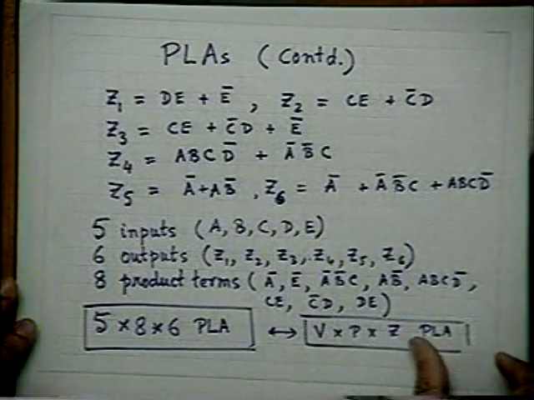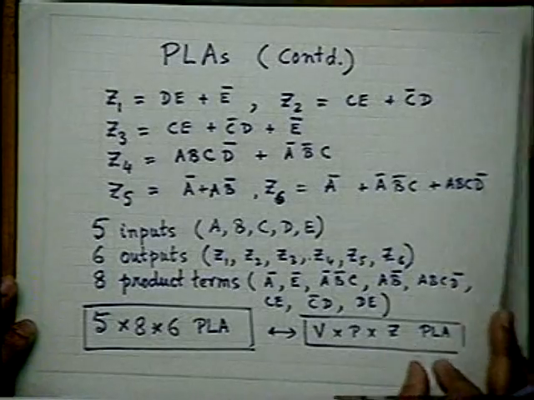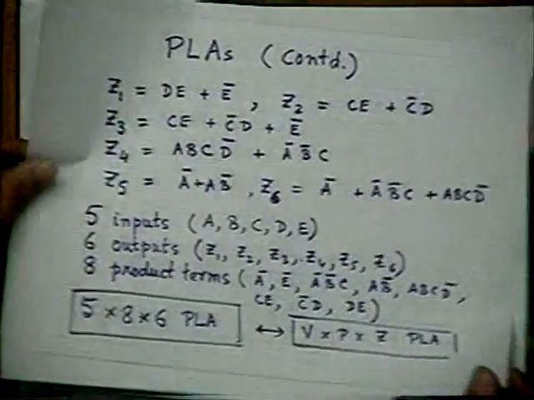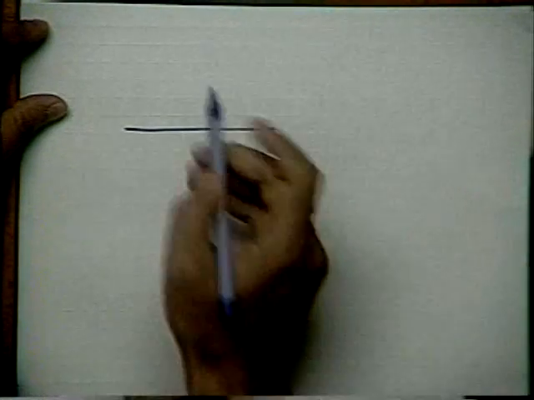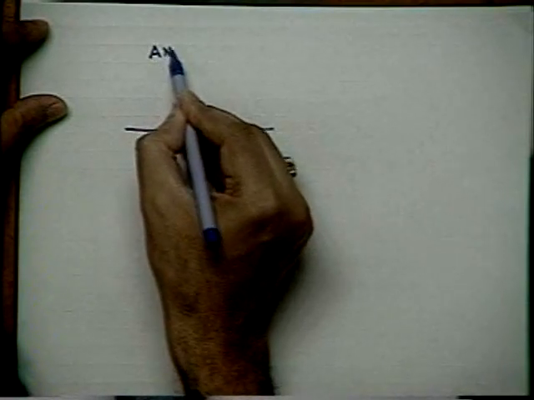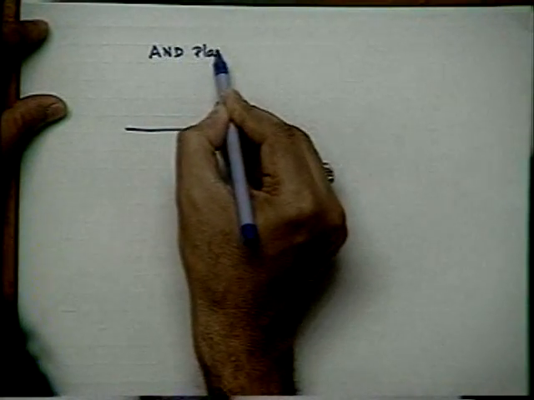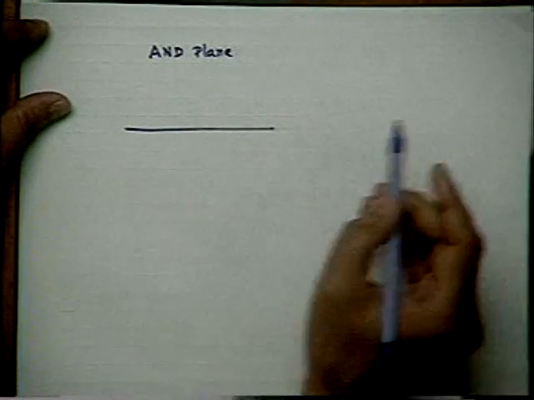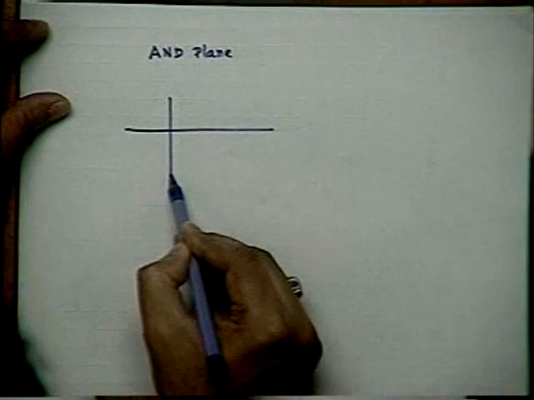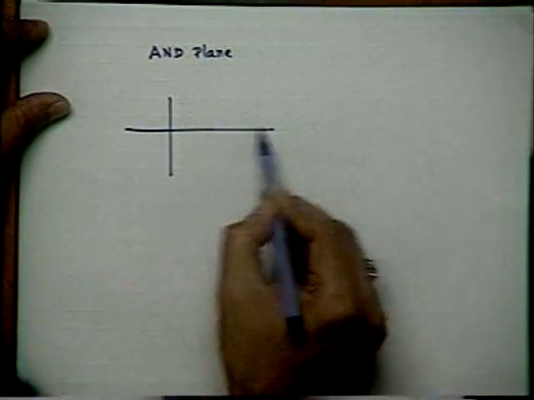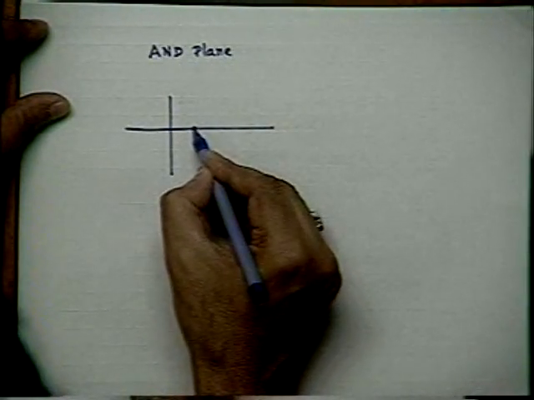Now try the PLA realization yourself. I will do it myself, but you can also try. You have seen that in the AND plane, this is a row and this is a column, and I connect the transistor like this.